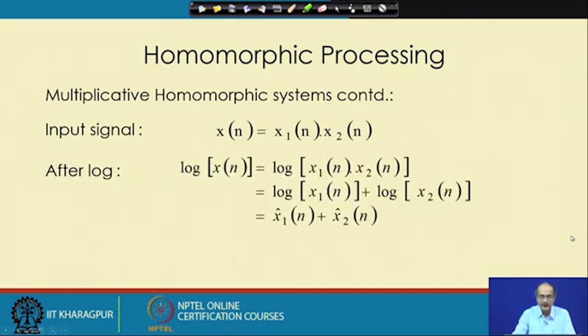As we take the logarithm of the signal x n and replace it with these two multiplicative constituents x 1 and x 2, we can simply write them as additive terms after taking the log. What was previously a multiplicative term now becomes additive, and we get x 1 hat and x 2 hat in a complex notation.